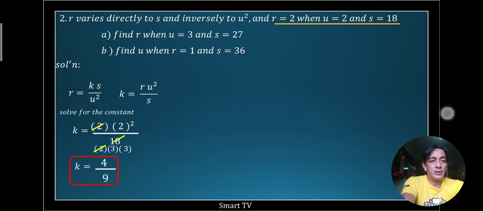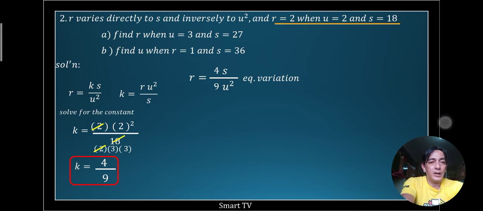Okay? Substitute natin siya sa mathematical equation para makuha natin yung equation of variation. So, R now is equal to, sulat mo muna yung K, 4 over 9. Lagay mo sa numerator yung 4, yung 9, lagay mo sa denominator. Tapos, S, nasa numerator, and then yung U squared nasa denominator. Okay, so ganun lang kapag fraction ang K natin.